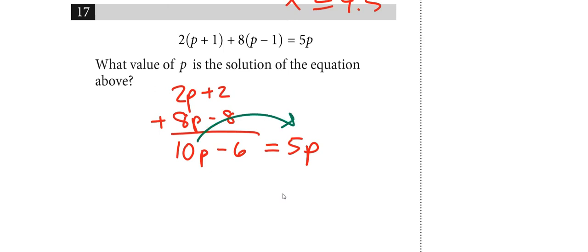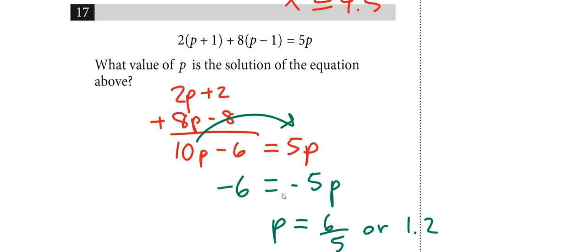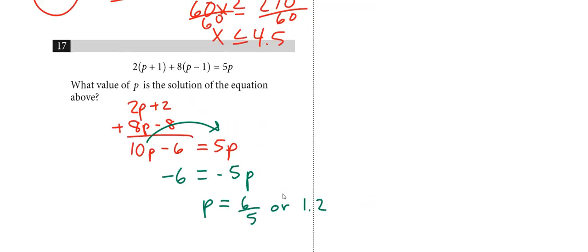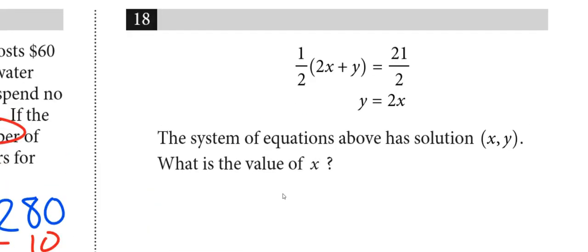Subtract that to the other side. Negative 6 equals negative 5p. So what does 1p equal? 6 over 5 or 1.2, whichever you prefer. Fraction or decimal, it doesn't matter. I was trying to see if there was some way we could avoid distributing, but I couldn't see it right away.